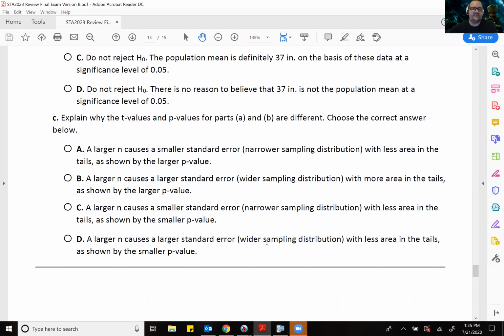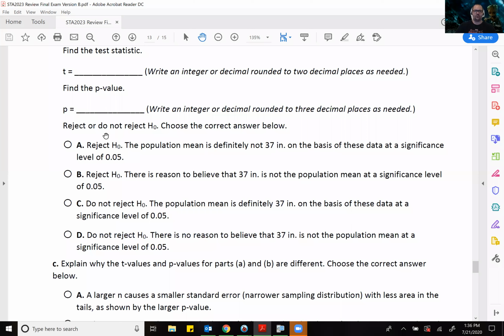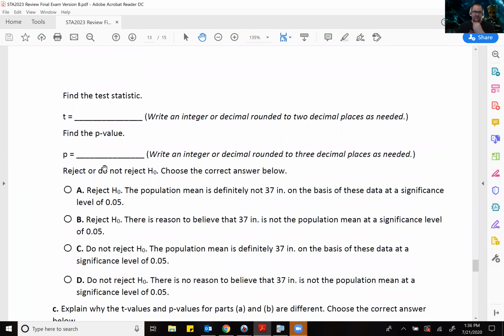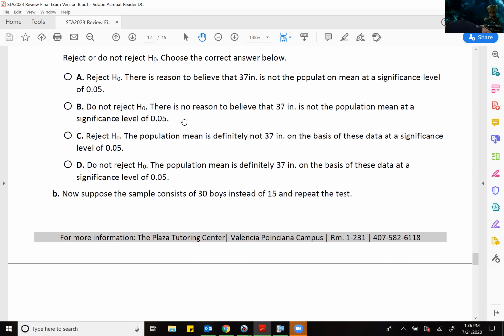explain why the t values and p values for part A and B are different. So this is all about that sample size. In here, everything depends upon the sample size. Notice that the p-value for the second one was smaller than the p-value for the first one. If we look at these real quick, I'll show you.